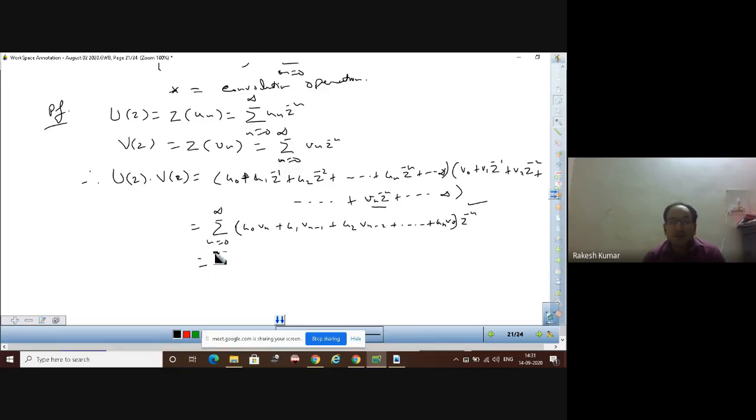Again, when you put n equal to 0, you will get the first term u_0 v_0. When you put n equal to 1, you will get u_1 v_0.